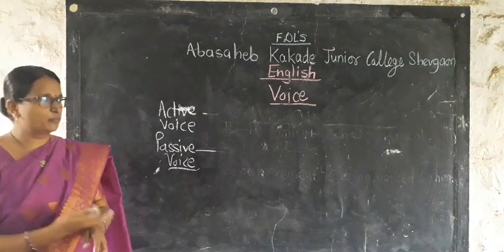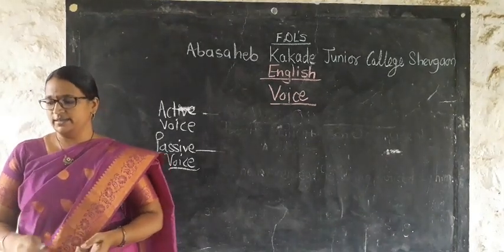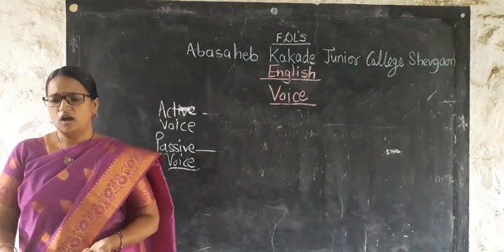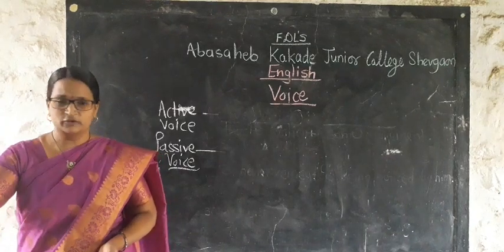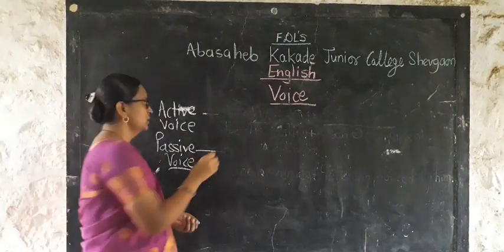Next tense is present perfect tense, and here we are going to take example of present perfect tense. But before that we must know what is the structure of present perfect tense.